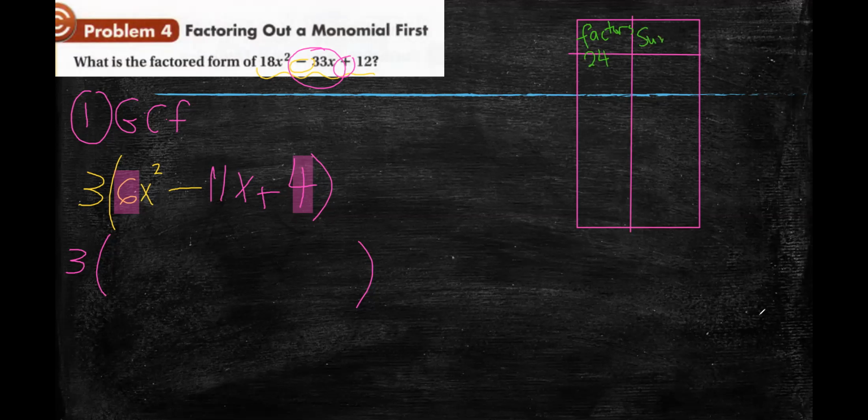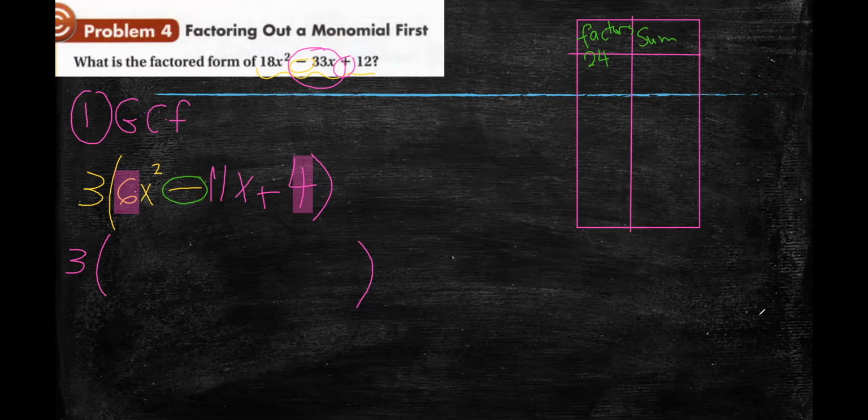And their summation. Now the factors of 24, I want to write two factors. And don't forget, AC is positive, but the sign of B is negative. What does it mean? I have to write both factors with the same negative sign.